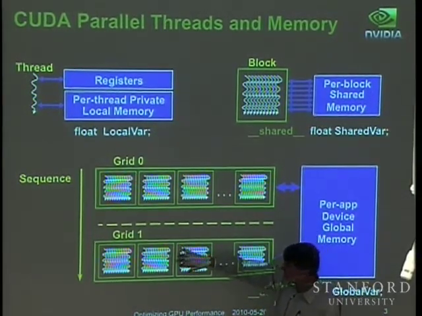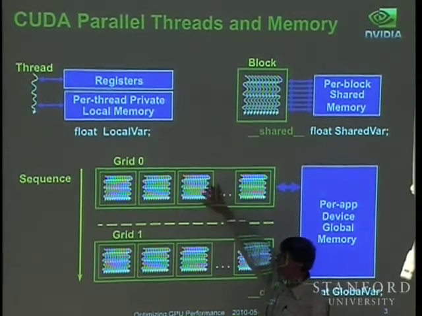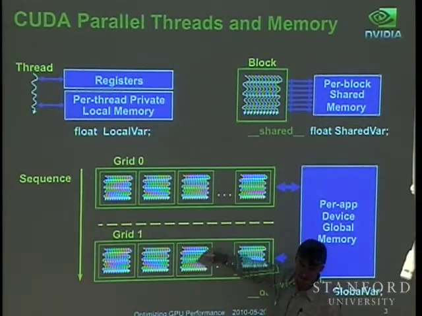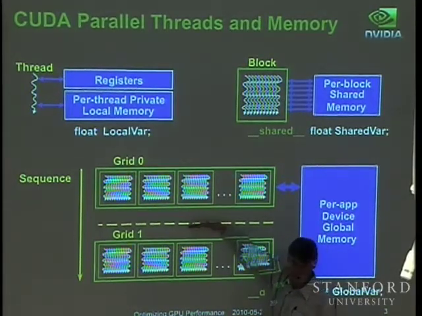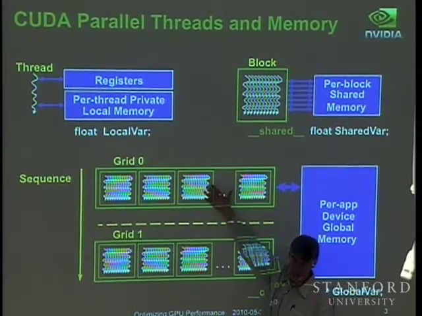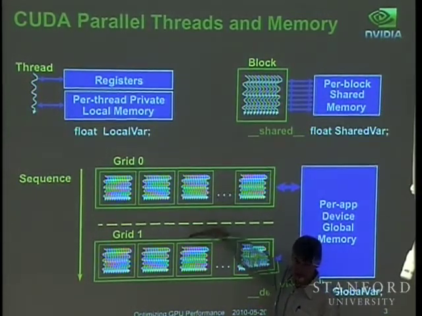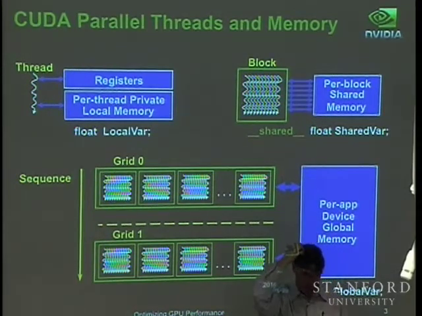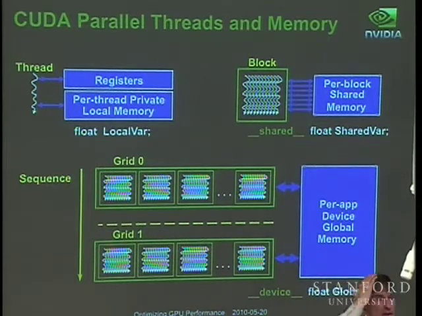So if grid 1 depends on grid 0, or if we say grid 0 is a producer and grid 1 is a consumer, then we must have a synchronization barrier between the completion of all the producer blocks and the start of any consumer blocks. And that's the synchronization that enables us to not have coherence. By that barrier, all the data in the L1 cache is flushed into L2 or DRAM. So we flush all the L1 caches at one of these global barriers so that we invalidate them.